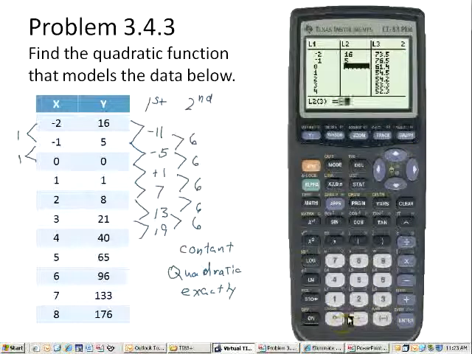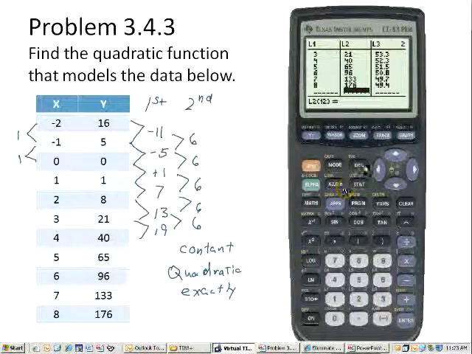My next one was 5, 0. This goes through the origin. 1, 8, 21, and 40. And 65, this thing gets pretty big now, 96, and 133, and the last one we had was 176. And so this is my data.